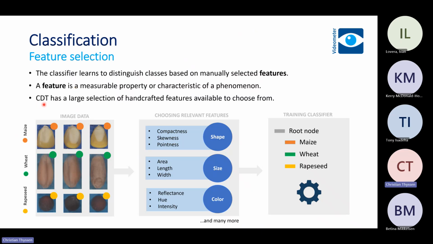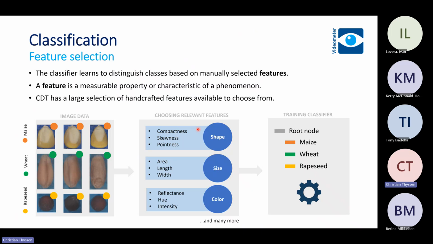And in CDT, the Classify Design Tool, we have a large selection of these features to choose from. Consider the case here where we have maize, wheat, and rapeseed kernels, and we would like to distinguish between those classes.